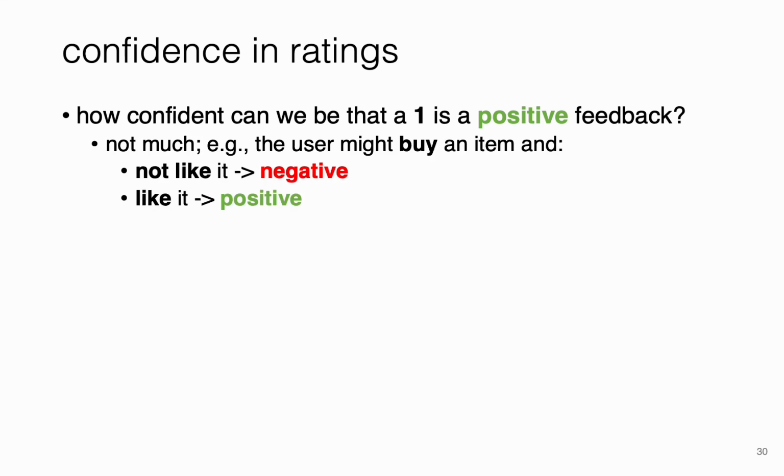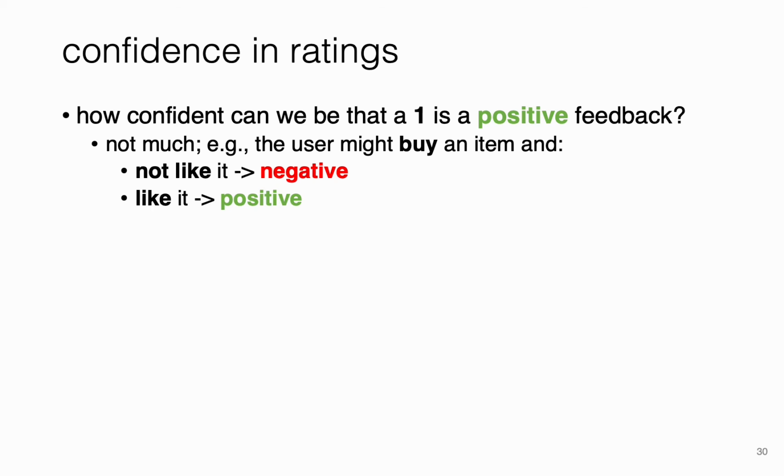Well, not much. As we have argued, for example, a user might buy or click on an item and not like it, in which case the feedback is actually negative. Or actually like it, in which case the feedback is truly positive.